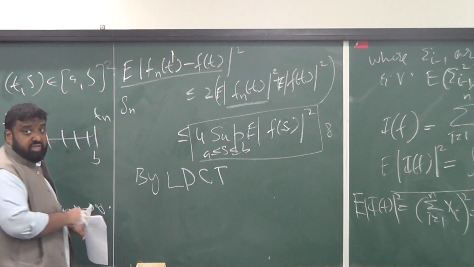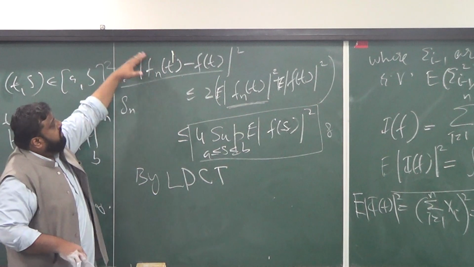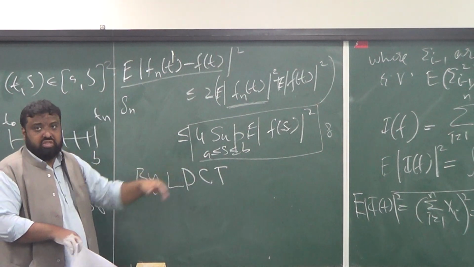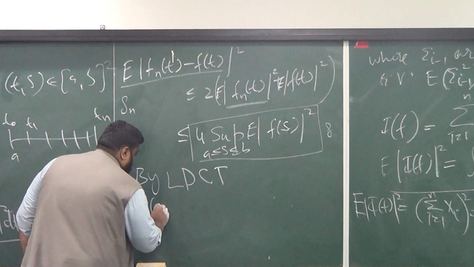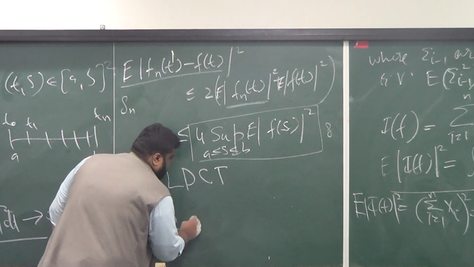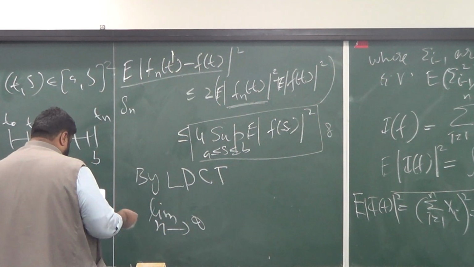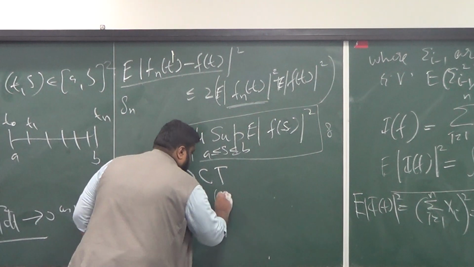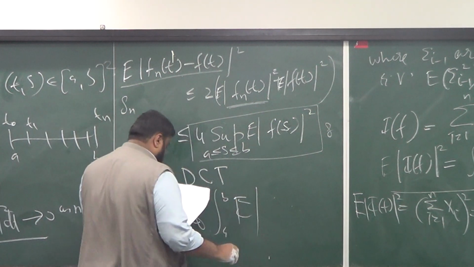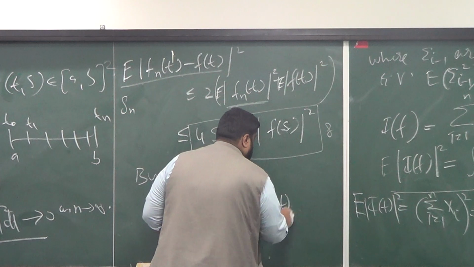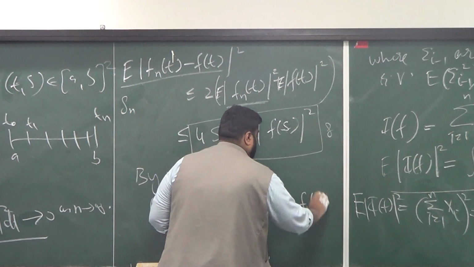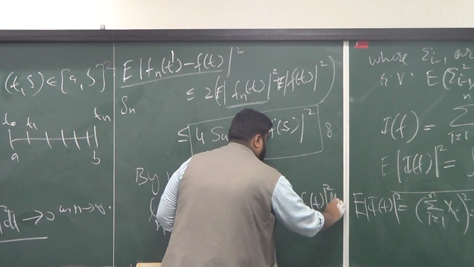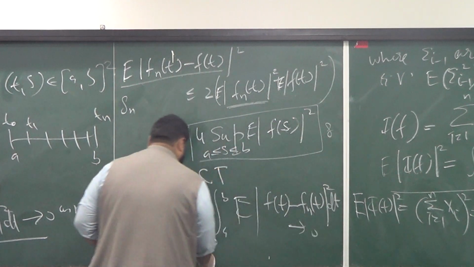So by Lebesgue dominated convergence theorem, if you integrate it, it would still go to zero actually. So you can have limit n goes to infinity of the integral from a to b of expectation of f of t minus fn of t squared dt goes to zero.